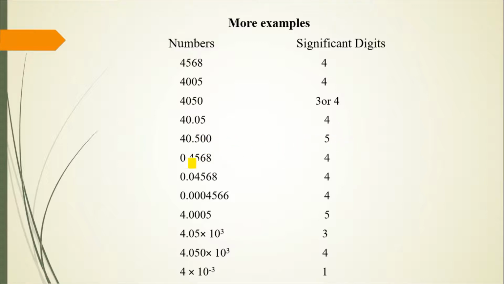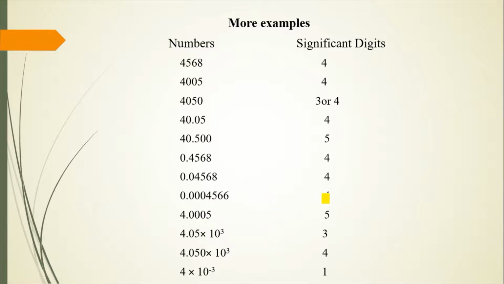In the next one, all are non-zero digits after the decimal. So significant digits are 4. In the next one, 0 after the decimal, so we will not count this 0 and significant digits are 4. Again here these 3 zeros after the decimal, so we will not count them in significant digits.